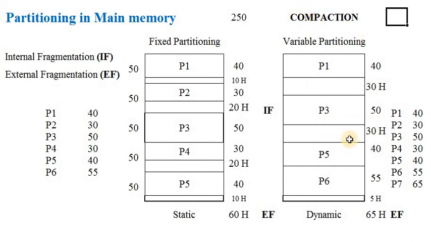In variable partitioning also, suppose this 30 is a hole, and if you are able to pull this 30 downwards, and this other hole of 30 also downwards, you can make a large hole here with the size 65. If there is a large hole with the size 65 available at contiguous address locations, then you can simply accommodate this P7 without any interruption. So external fragmentation we can overcome using this compaction technique.